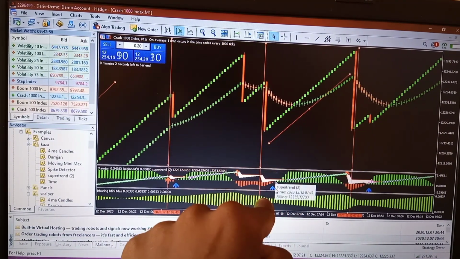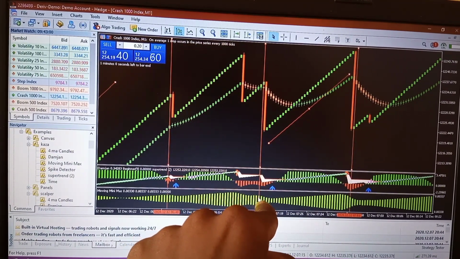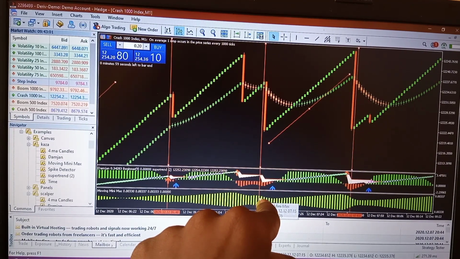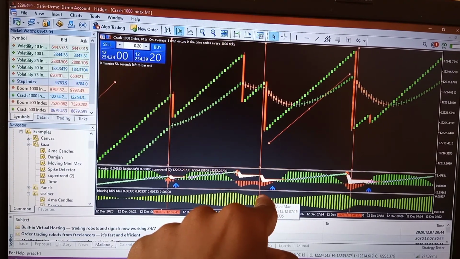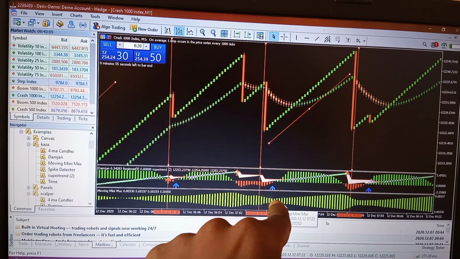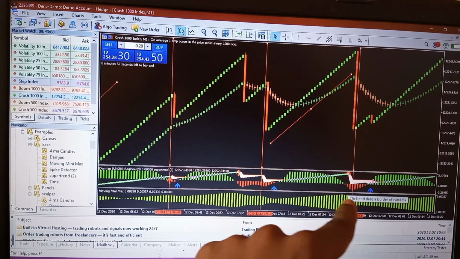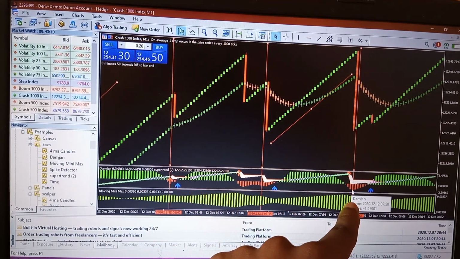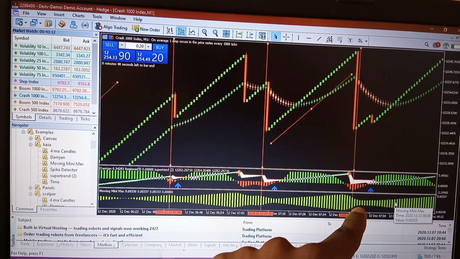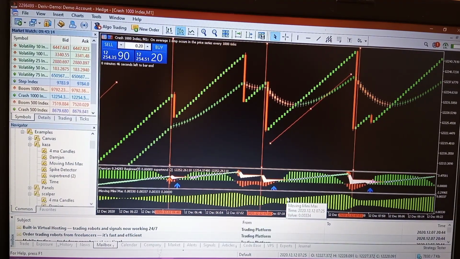As you can see here, there were more green bars. They're actually big, then they became small, then they started increasing. When it reached here, again they started decreasing and increasing. So this can help you predict what's really happening here.